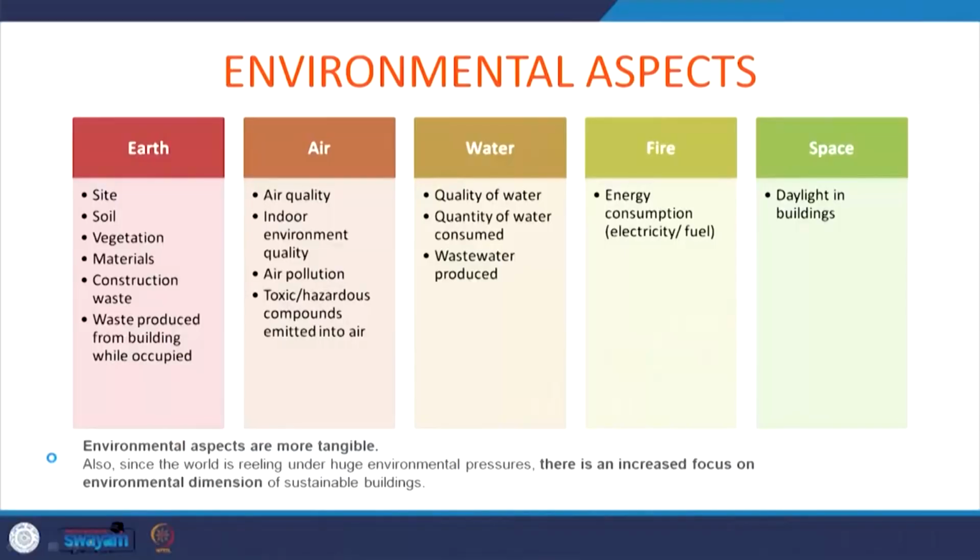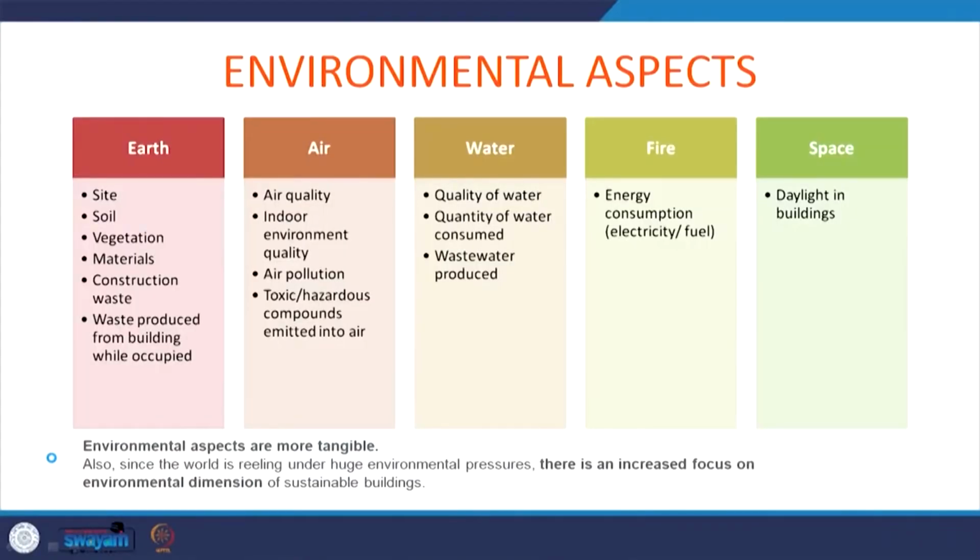All these environmental aspects can be clubbed in bins of the 5 basic elements of nature, which are earth, air, water, fire, which I say energy, and space. So, all these 5 elements directly govern the environmental aspects of buildings.